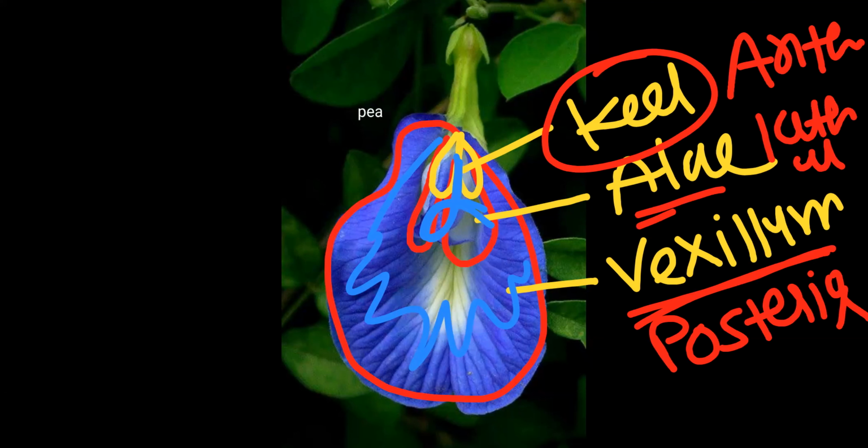When we remove this keel and ala, then we can easily observe the entire structure of the vexillum, the largest petal. So position wise, vexillum posterior, ala lateral, and the keel anterior.